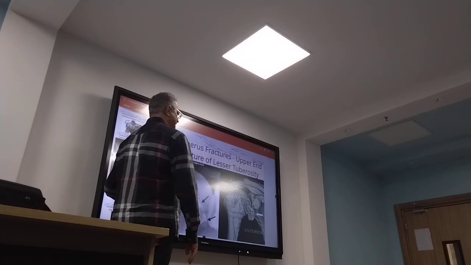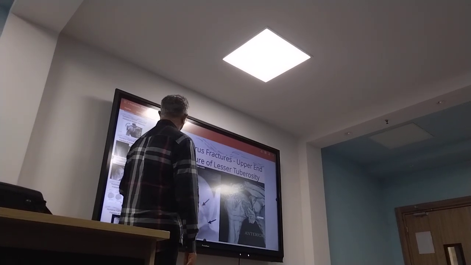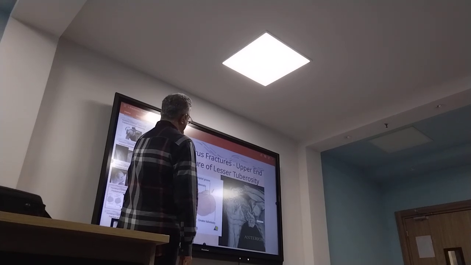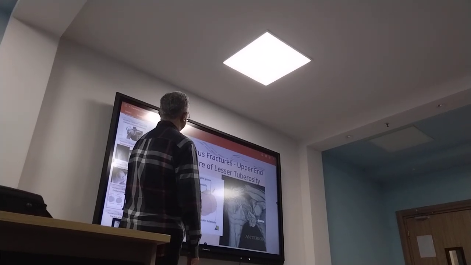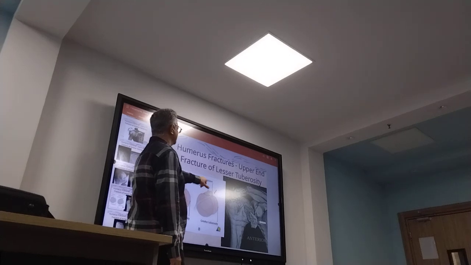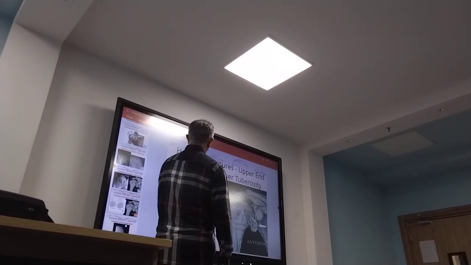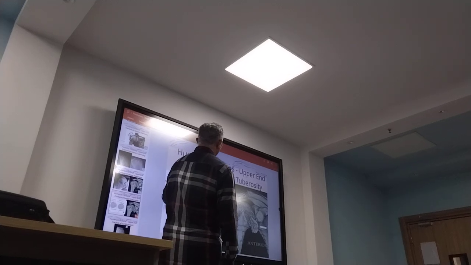Okay, good. Any questions? Everything is clear? Good job. Okay, this is another picture, and you can see the bicipital groove, lesser tuberosity and greater tuberosity. This is lesser tuberosity.